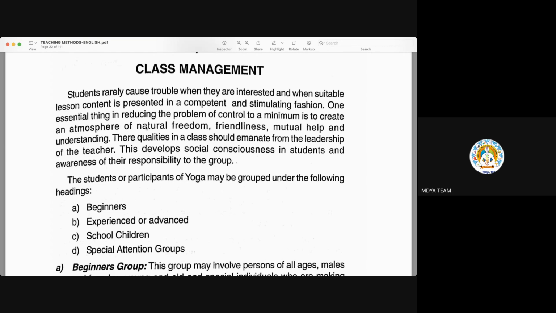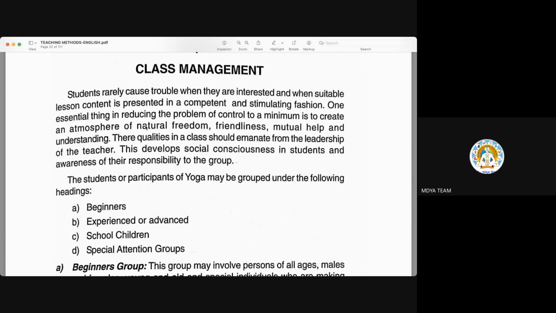What is the environment? Because if there is a class of say 20 or 30 or 40 students, then they are all coming from different backgrounds, different ways of upbringing. Their family background also makes a difference to their physical and mental growth.